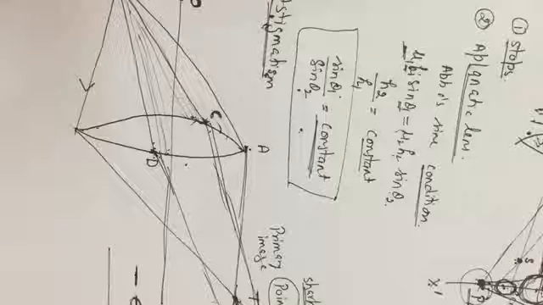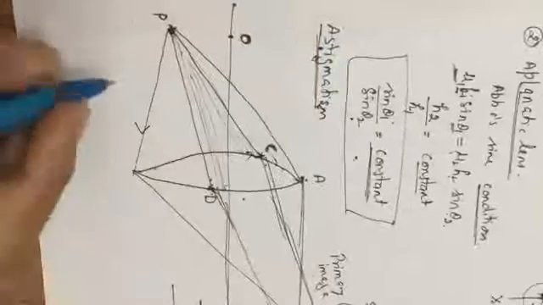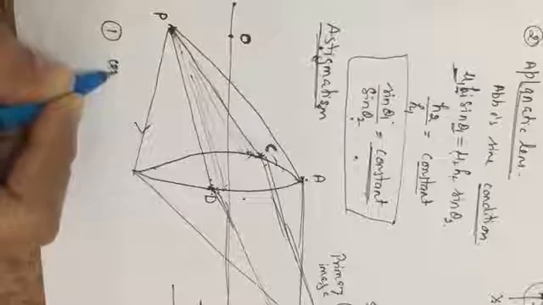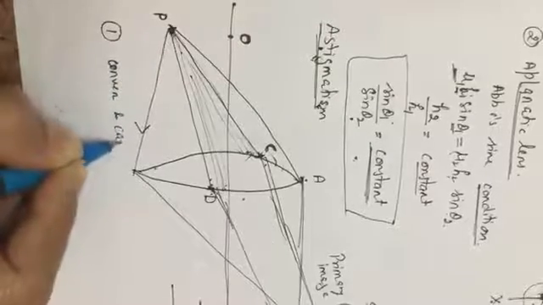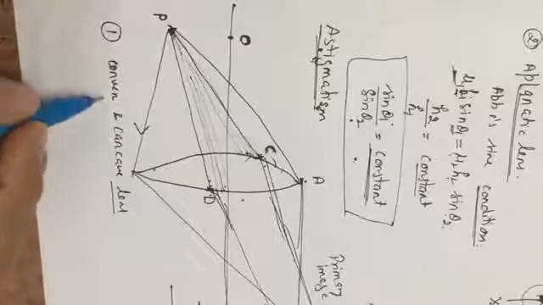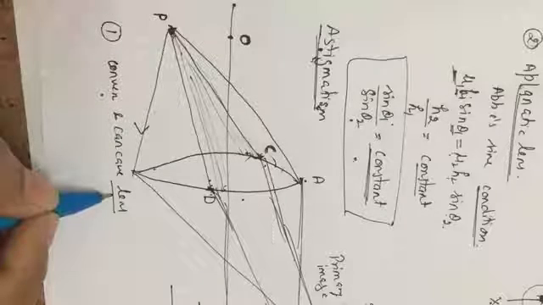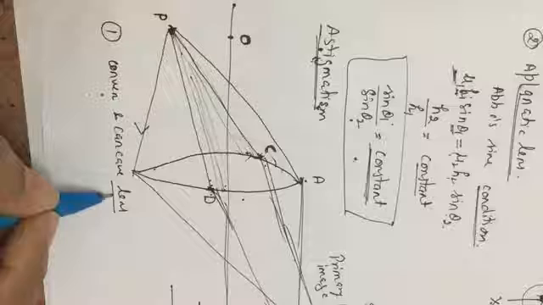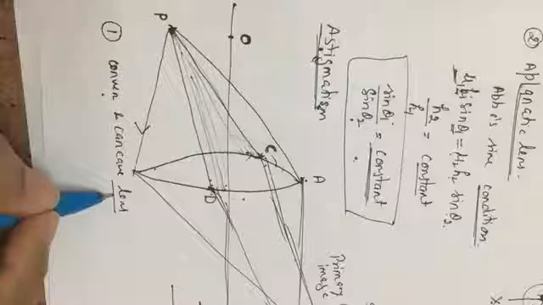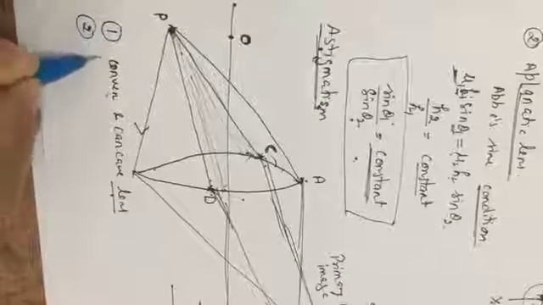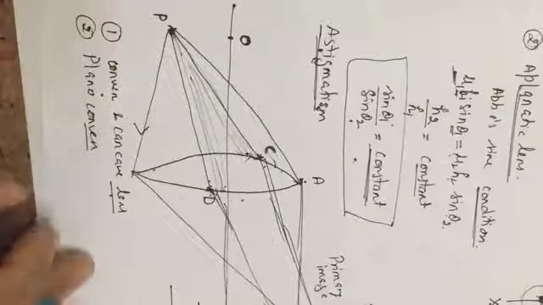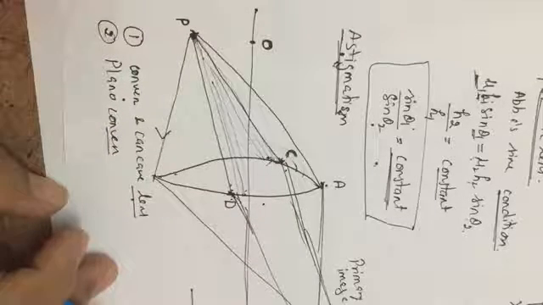Astigmatism aberration can be reduced with the help of, first, some sort of combination of convex and concave lens. If we use a compound lens, which is a combination of convex and concave lens having opposite astigmatism behavior, then we can remove astigmatism aberration. With the help of a plano-convex lens also, we can remove the astigmatism aberration.